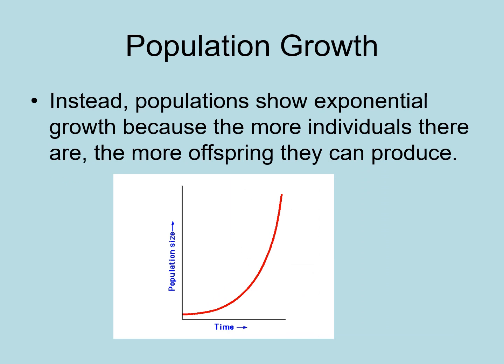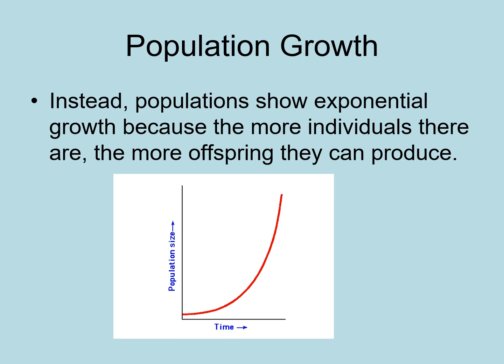What we find is that populations show what's called exponential growth, which basically means that the population multiplies every so many years. It's not a nice constant pattern that forms a straight line. We get what we call a J-shaped curve. Populations show exponential growth because the more individuals there are, the more offspring they can produce.